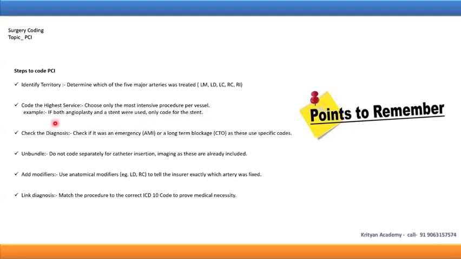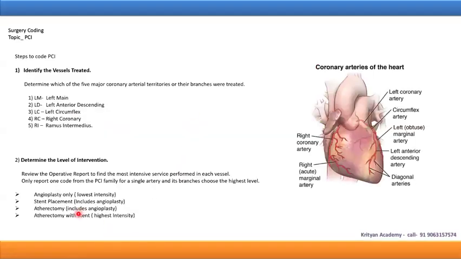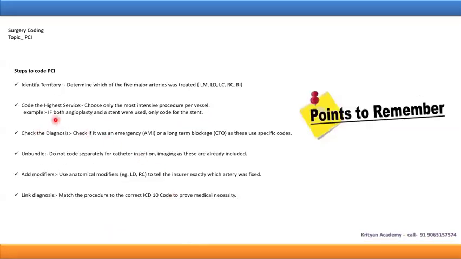For example, if both angioplasty and a stent were used, only code for the stent. That's the hierarchy we are following here. In the stent placement, angioplasty is included. We don't code that angioplasty separately.